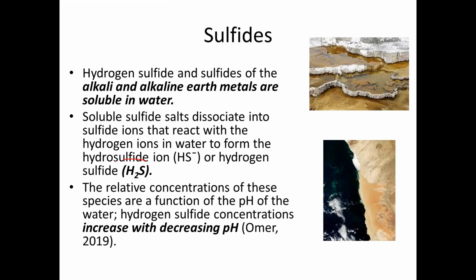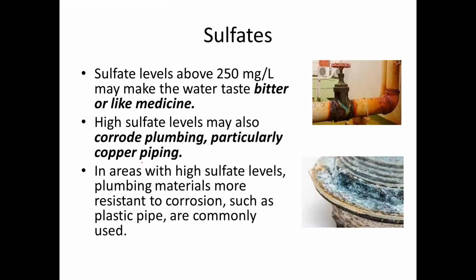H2S is also corrosive, so it damages our mechanical parts. Sulfate levels above 50 milligrams per liter may make the water taste bitter or like medicine. High sulfate levels may also corrode plumbing, particularly copper.